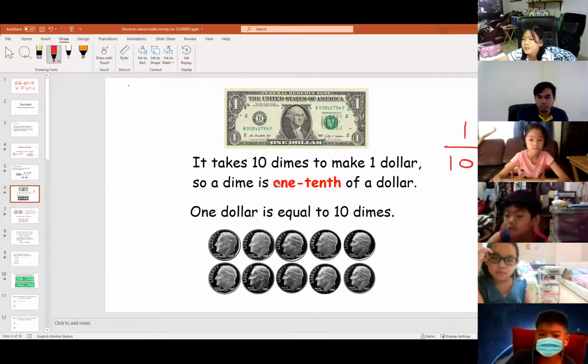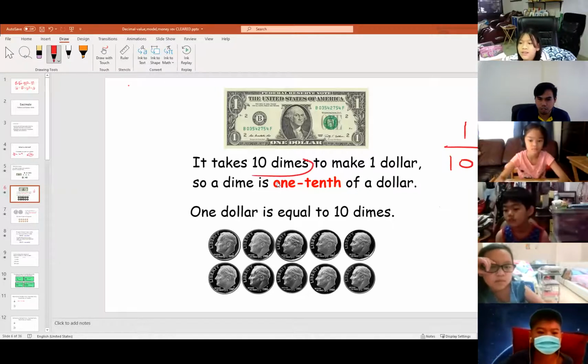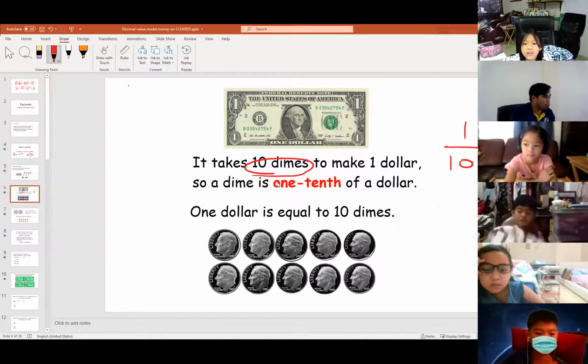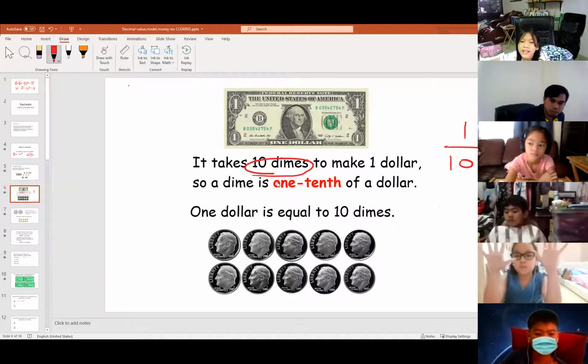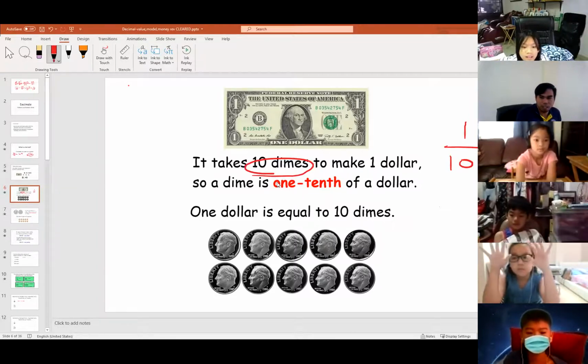A dime is only 1/10 of a dollar because how many dimes do you need to make $1? 10. That's why.